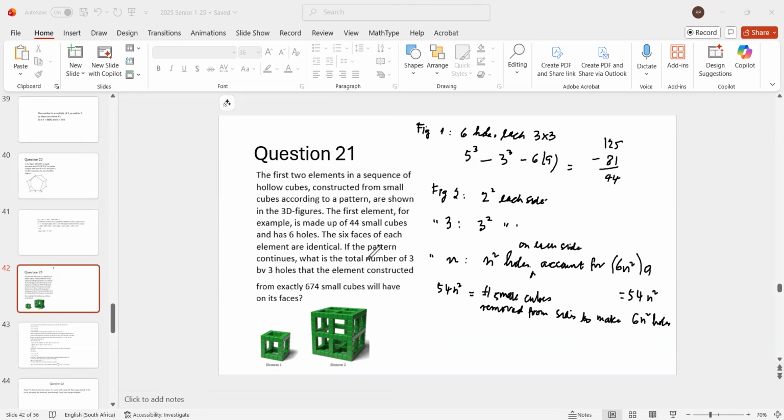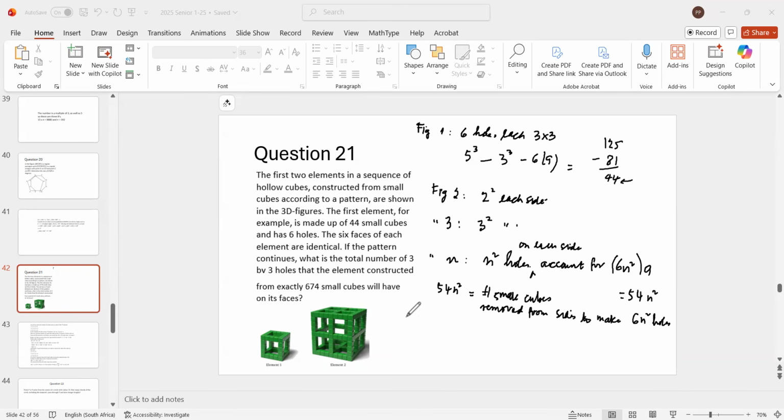you see what they say here is that if the pattern continues, what is the total number of 3 by 3 holes that the element constructed? So if you know 674 cubes were used to make up the faces, how big is this cube? See? So we just calculated this 44 is the number of cubes that were used to make up the very first figure.